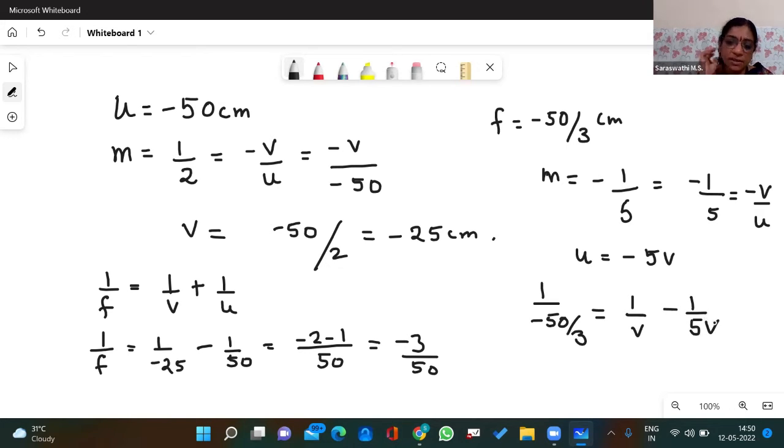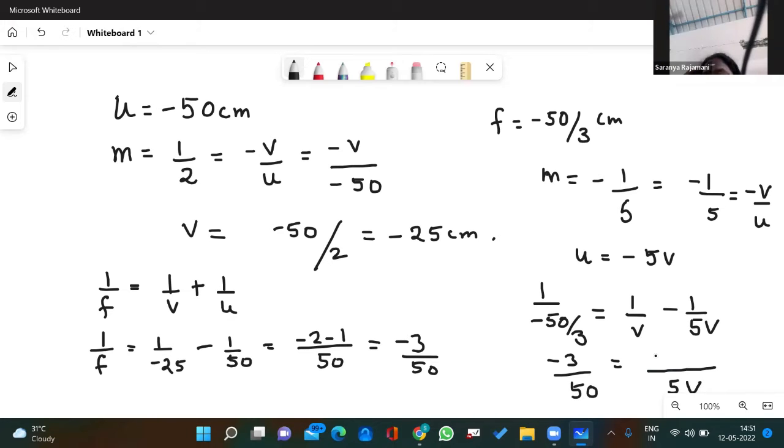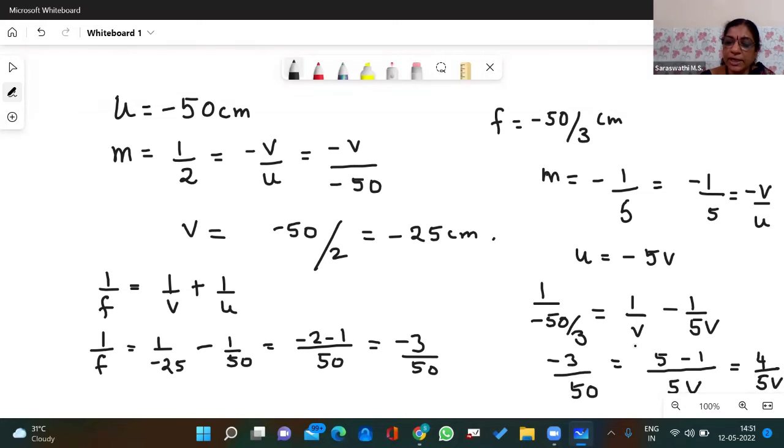Can you solve this? So this will become minus 3 by 50 equals, what is the LCM? 5v, which is 5 minus 1, 4 by 5v, right?